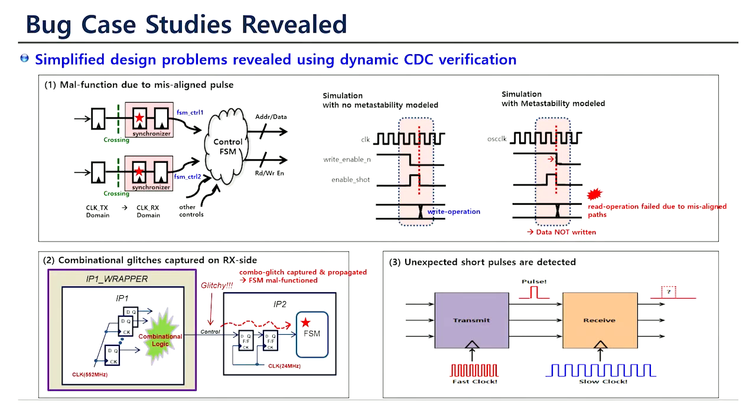The next one is some examples of real design bugs. With this stress injected, the modeling revealed some real problems in our design. The first one is two synchronizers controlling some FSM, a finite state machine.